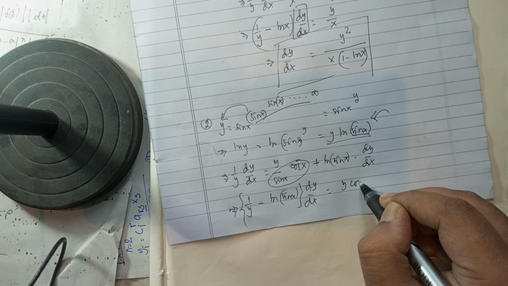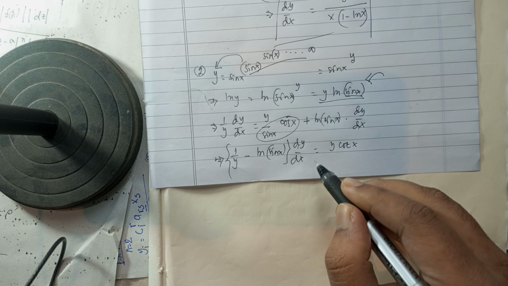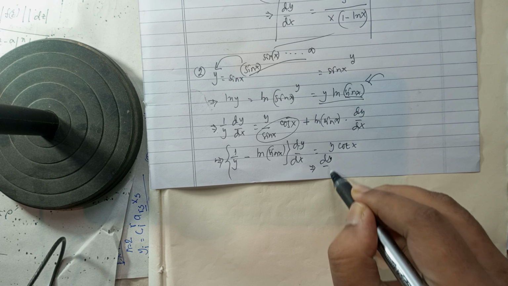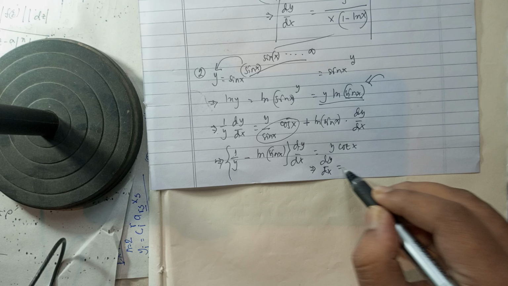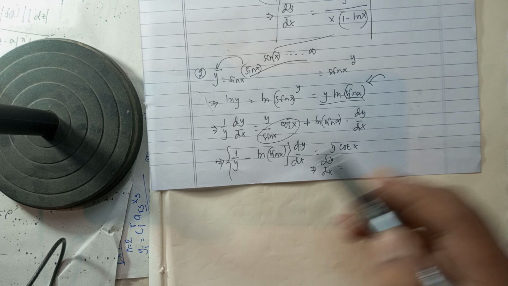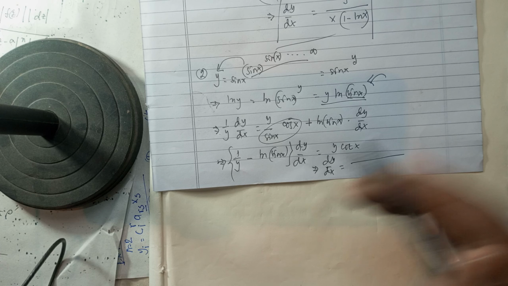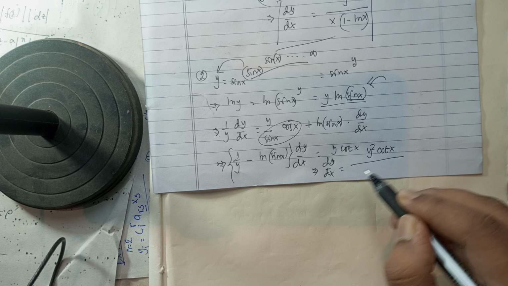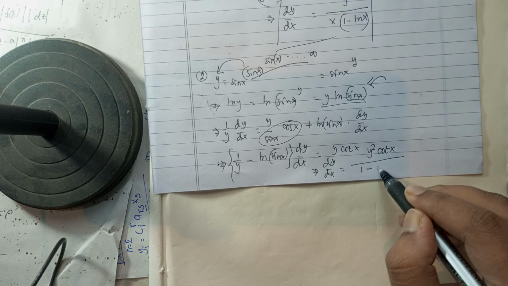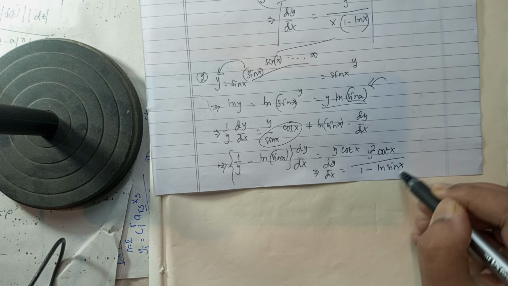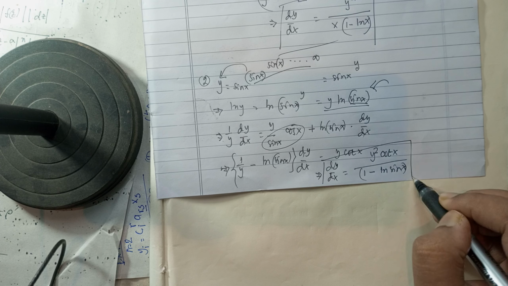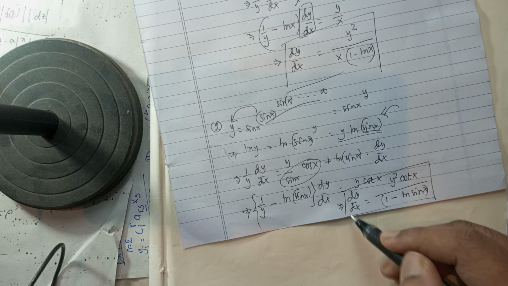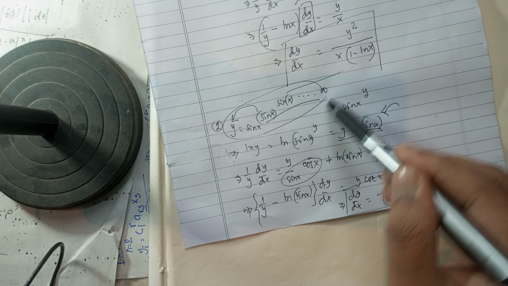So y cot x. Then we can write it easily in that form, d/dx of y is equal to the simplified form of this side, y square cot x over 1 minus ln sine x. This is the value of d/dx of y, which comes from this function.